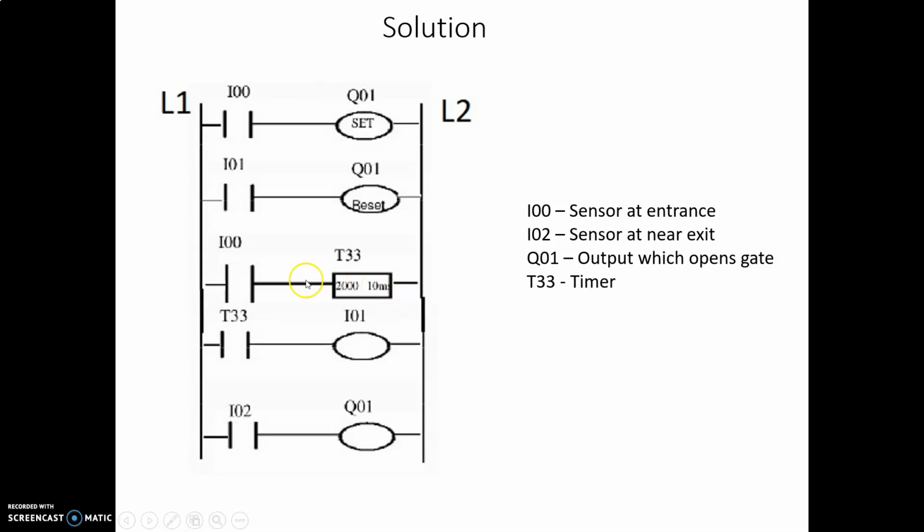So as soon as this timer gets an input, after 20 seconds this will get on, right? When this timer gets on after 20 seconds, it will make this a closed circuit. So now this T33 in turn will activate this I01.